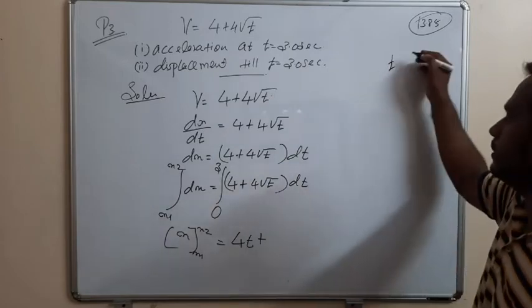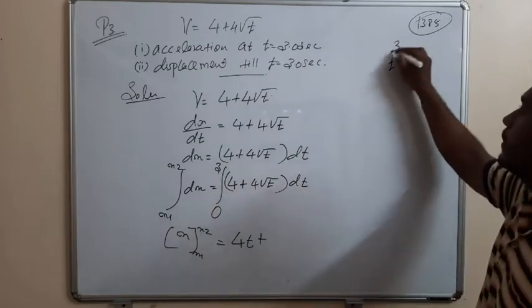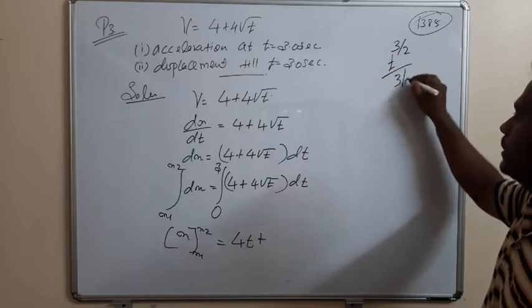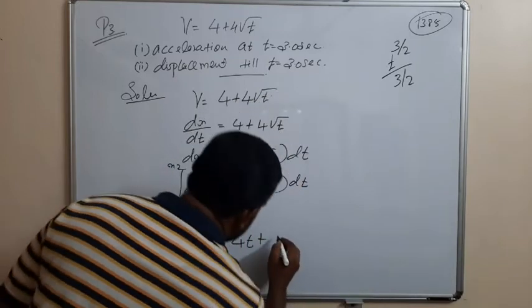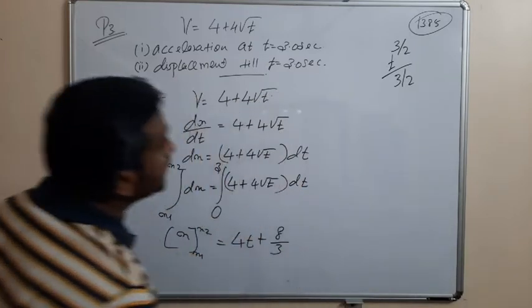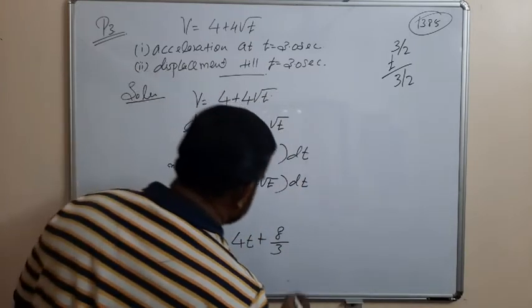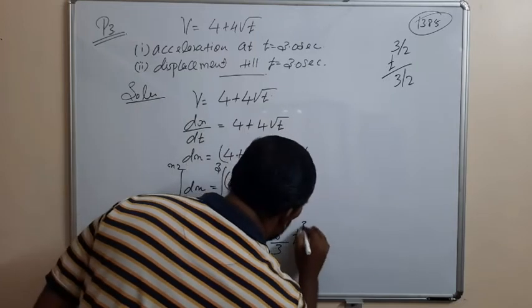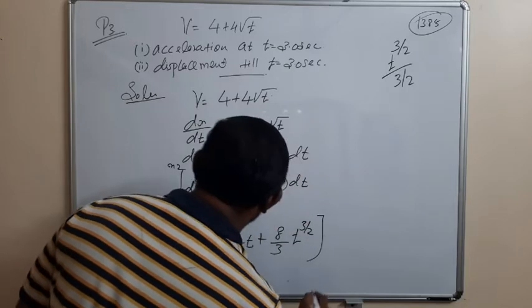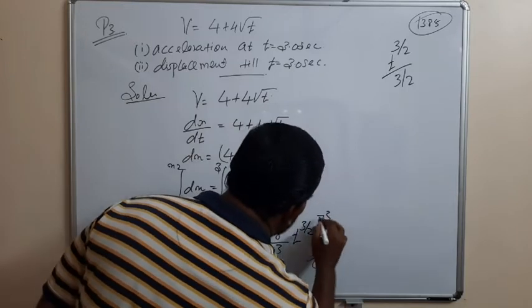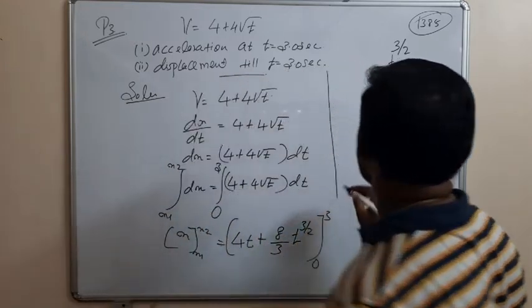That is t power 3 by 2 by 3 by 2, so 8 by 3 t power 3 by 2. The limit is 0 to 3.